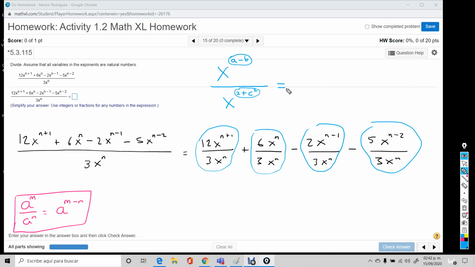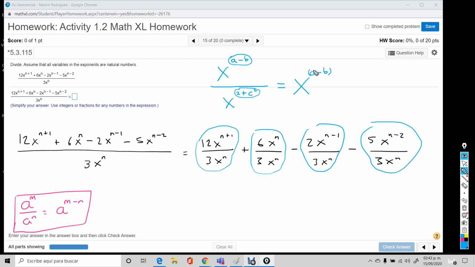So what would be my answer in here? My answer would be x raised to the first exponent, which is all of this, minus, and by the way, I think a parenthesis would be very advisable here.